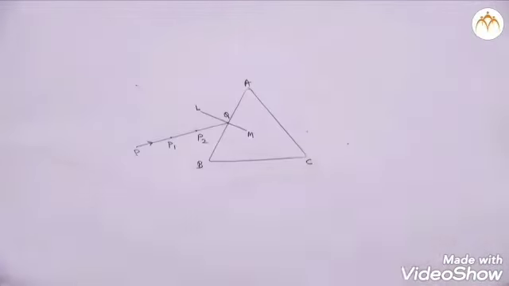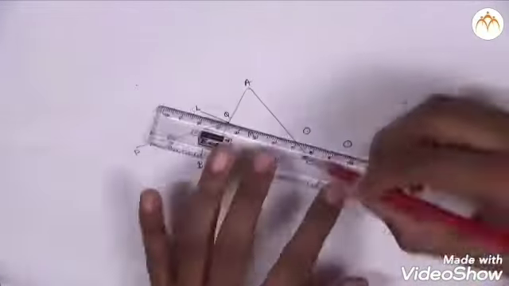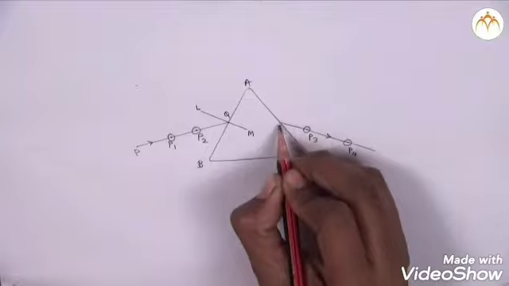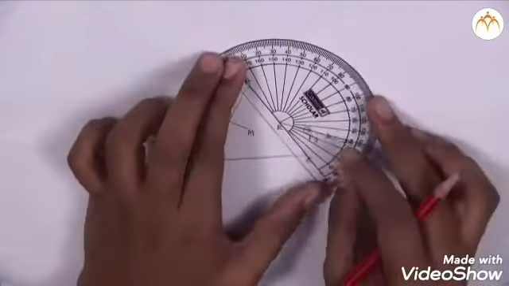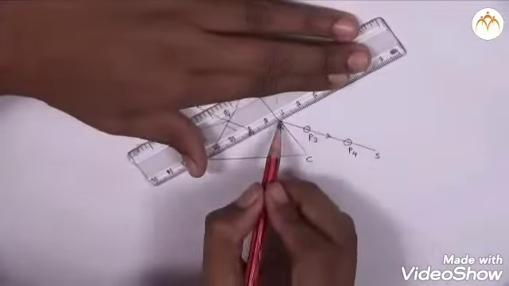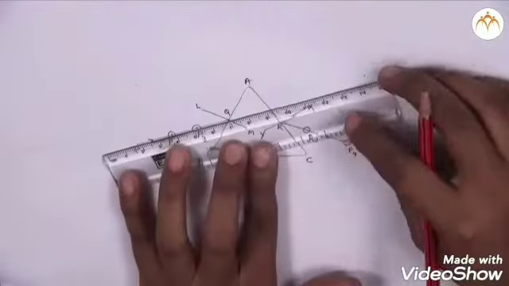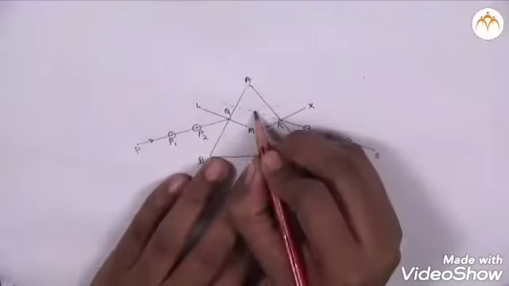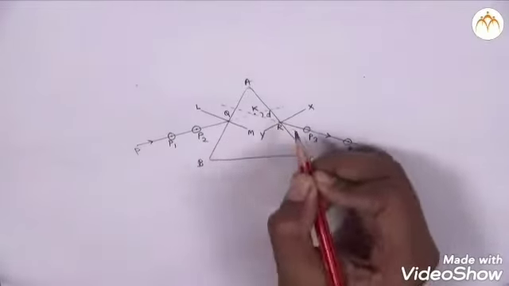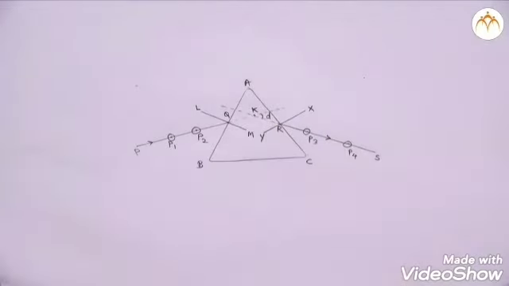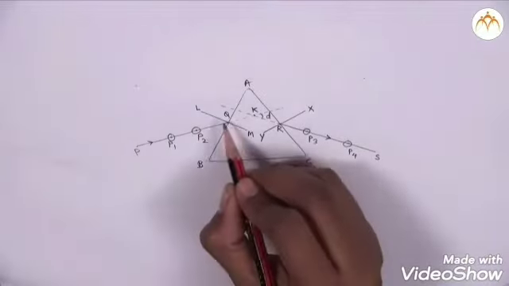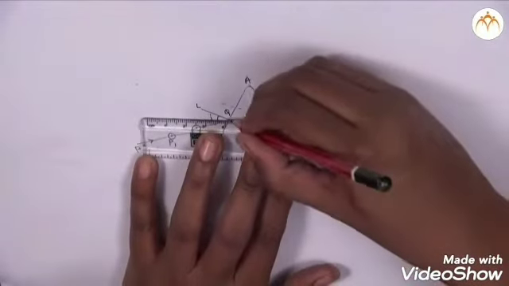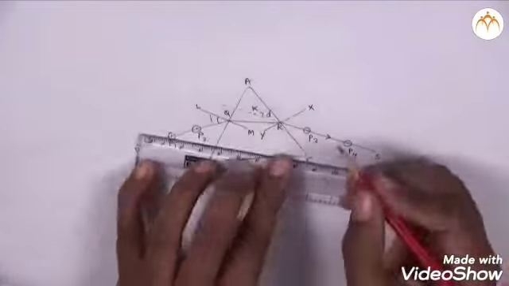Remove the prism and pins. Draw a line towards side AC through the points of pins P3 and P4. Call them S and R. It will intersect AC at point R. We draw a normal or perpendicular on side AC through point R. Extend ray PQ and ray SR on opposite sides to intersect each other at point K. Measure the angle between these two rays PQ and SR, which is the angle of deviation D. Angle PQL is the angle of incidence, angle MQR is the angle of refraction, and angle SRY is the angle of emergence.